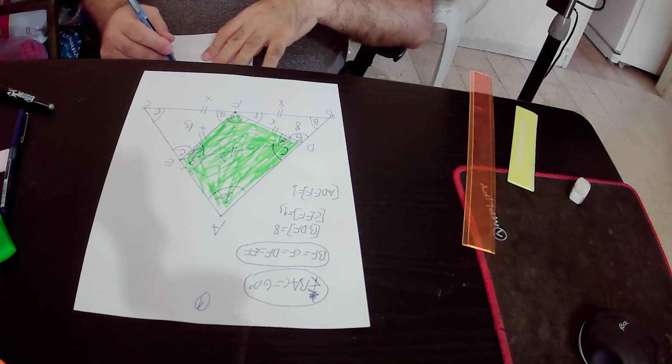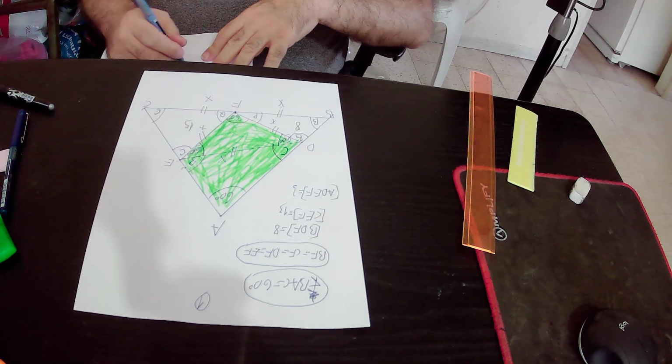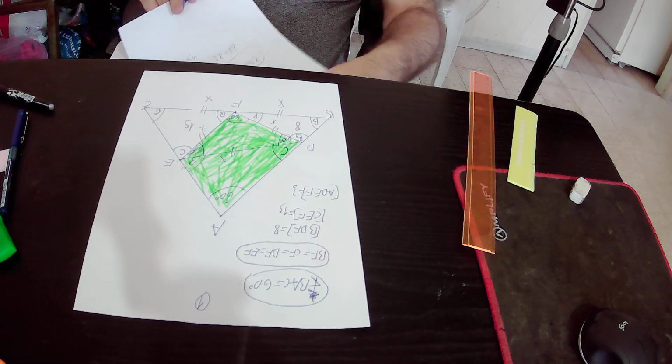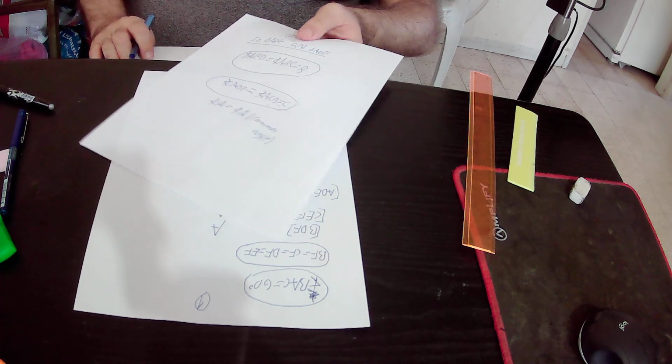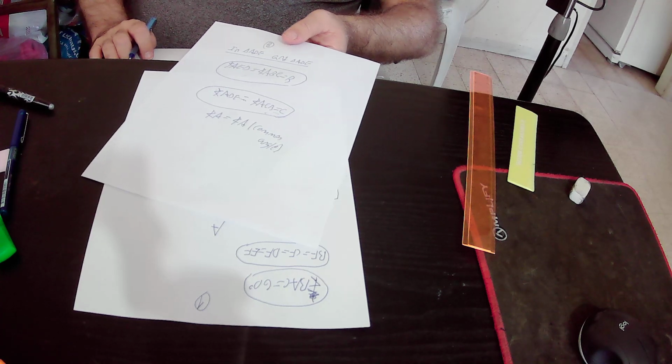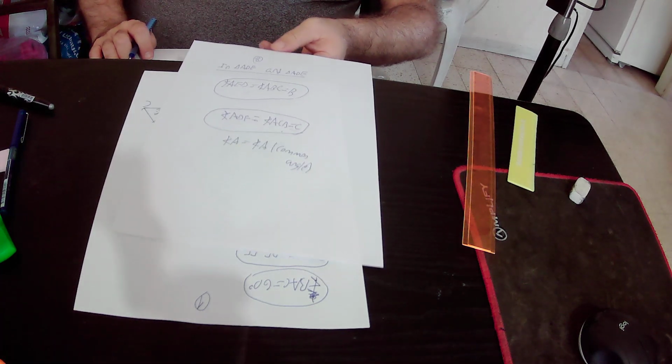So we can write down that angle A equals angle A, because it is a common angle.